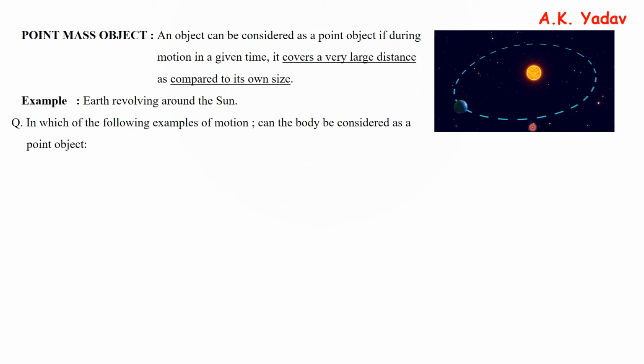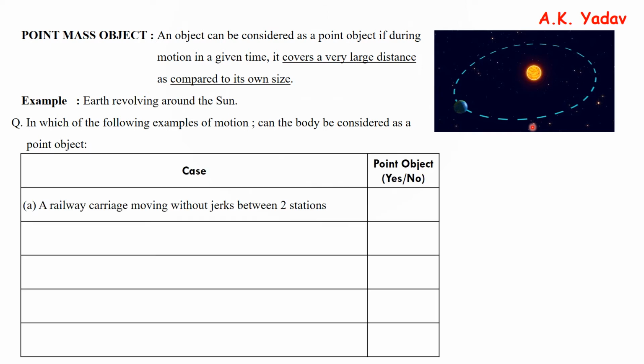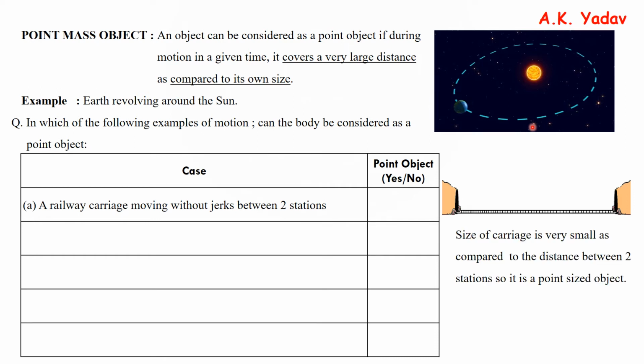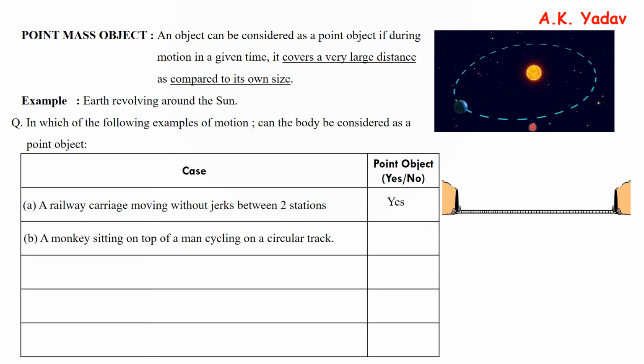Let us do a few more examples of motion to understand the concept of point mass object. The first case is a railway carriage moving without jerks between two stations. Now, the size of the carriage is very small as compared to the distance between the two stations, so it is a point sized object or point mass object.